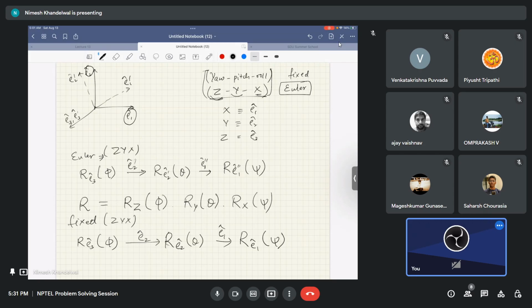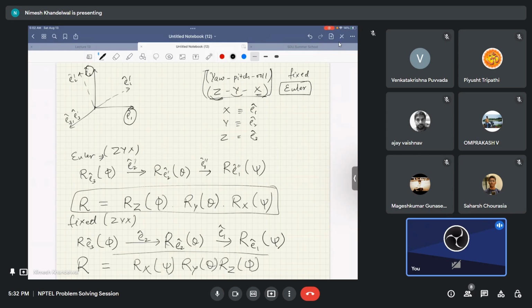So in this case, when you want to write the rotation matrix, you write it in this form: you pre-multiply all the rotations. So this is the difference, these are the conditions where you post multiply or pre multiply.